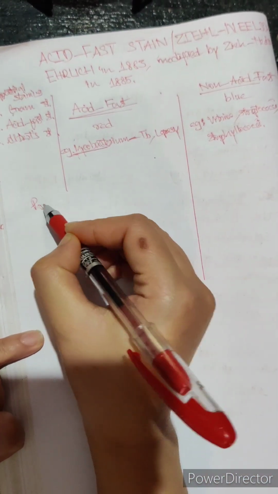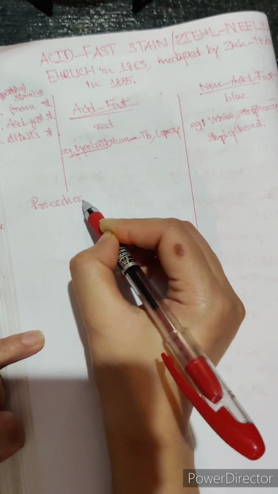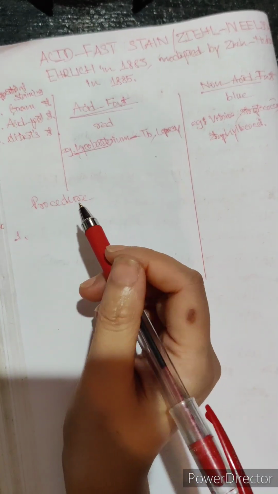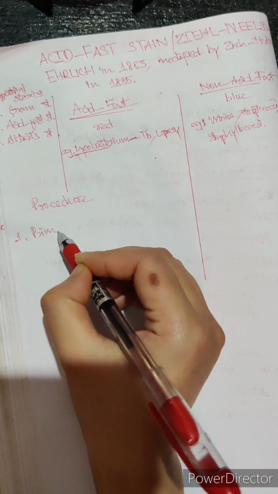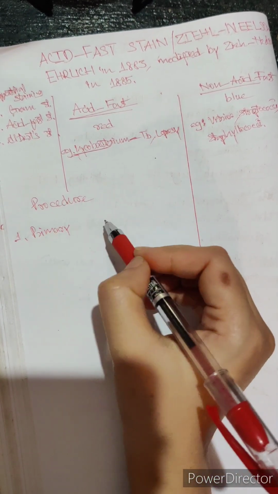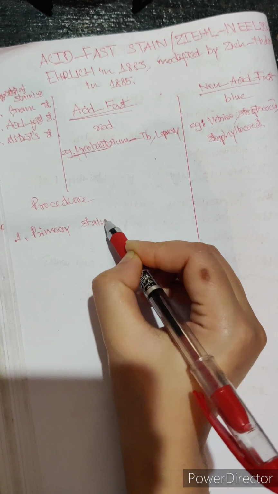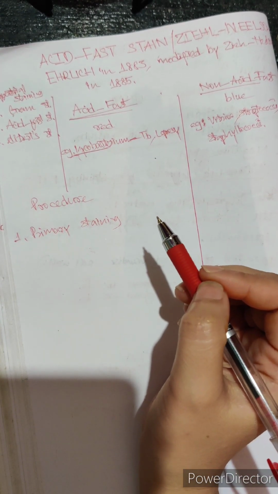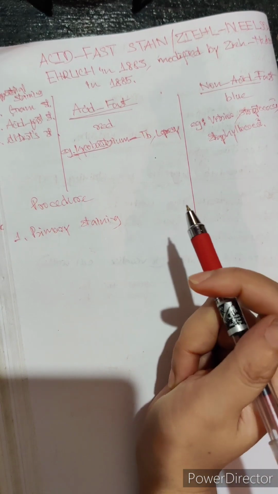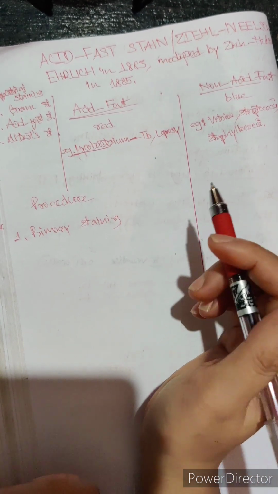The first step is the primary stain. We prepare a smear on a clean glass slide, allow it to dry, and fix it by flaming.